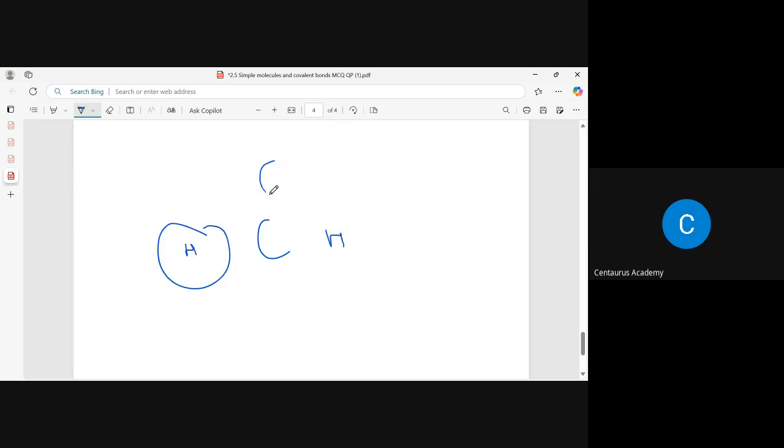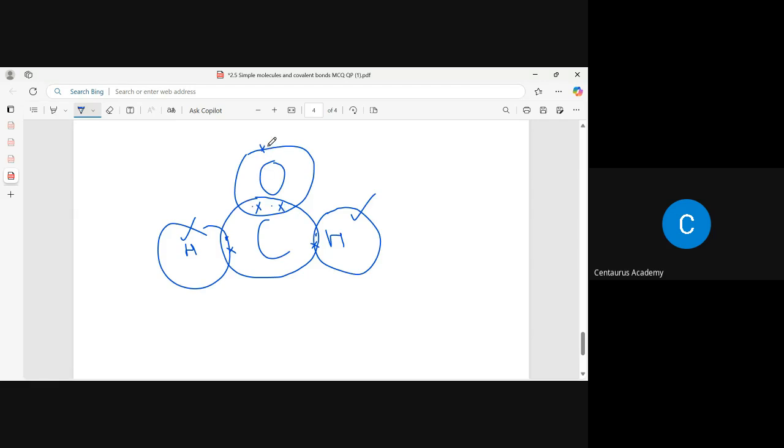This is oxygen right here. Now, these 2 electrons are already shared with hydrogen. This means that both hydrogens' noble gas configuration is completely fulfilled, right? Now there are 2 electrons of carbon which are left. This means that 2 of these electrons must be shared with 2 other electrons of oxygen.